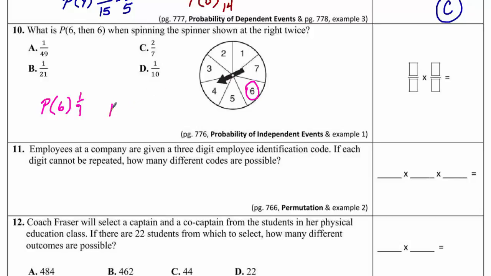So the next time we spin, the probability of a 6 is still 1 out of 7. So we have a 1 out of 7 chance of the first 6 and a 1 out of 7 chance of the second 6. We have a 1 out of 49 chance of getting 2 sixes.